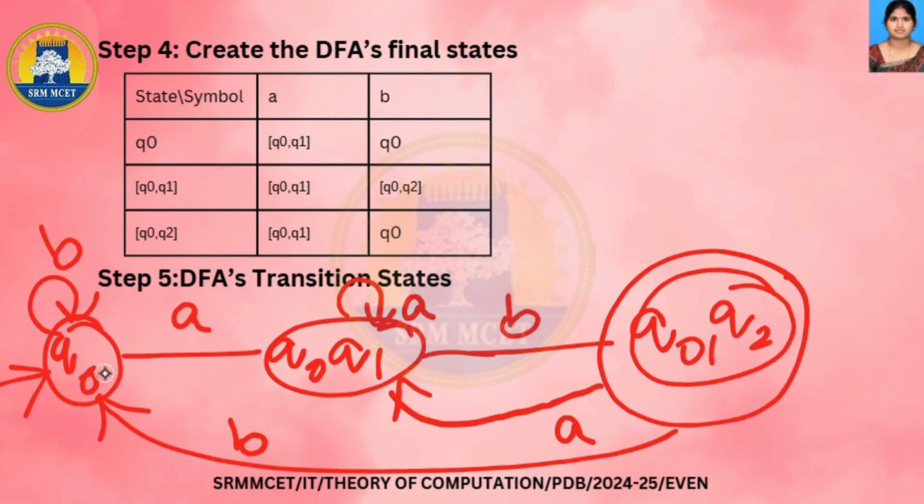So likewise we check: Q0 using B, there is a single transition. Q0 using A, a single transition. Q0 Q1 using A, a single transition, and using B, a single transition. Q0 Q2 using A, a single transition, and using B, a single transition. This is the DFA diagram for the given NFA.